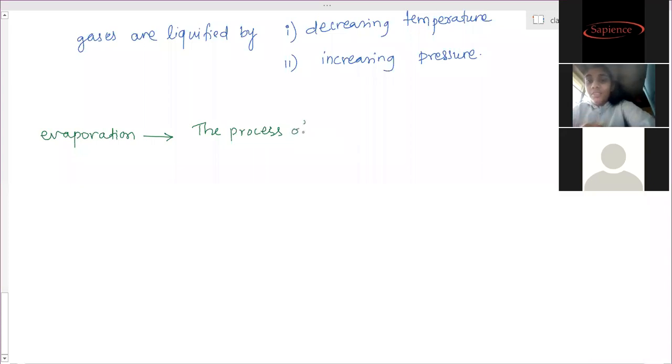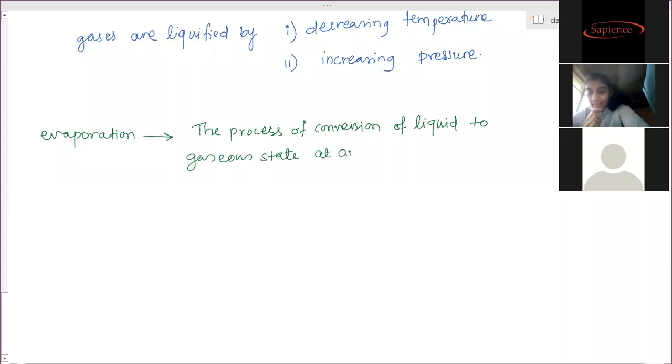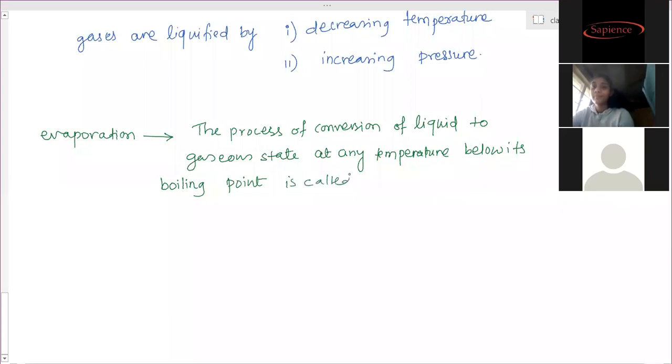The process of conversion of liquid to gas, any liquid it is, not only water, liquid to gaseous state at any temperature below its boiling point is called evaporation.